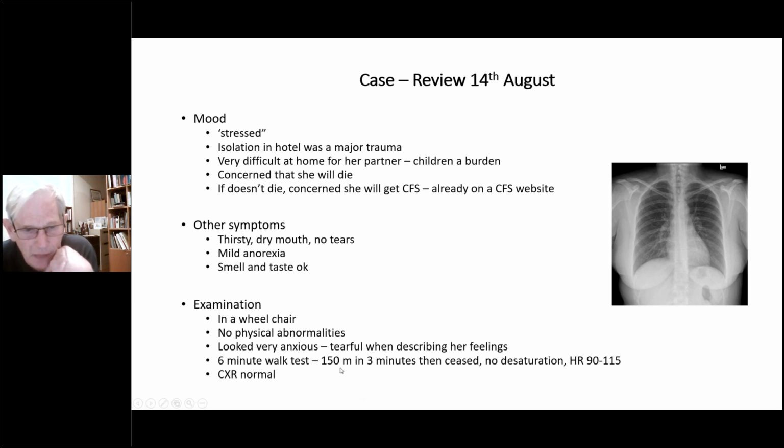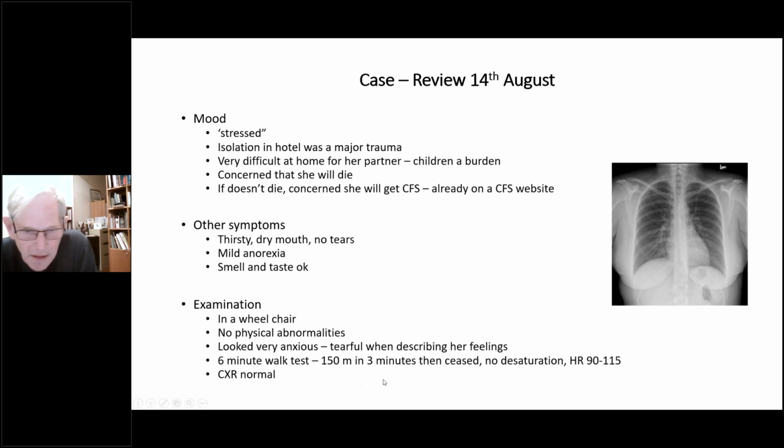She covered 150 metres, and people in the audience will be aware that the average healthy adult will walk about 600 metres in six minutes. So that's, because 6 minutes is a tenth of an hour, that's 6 kilometres an hour. The patient's not allowed to run. So that's between 500 and 600 metres in 6 minutes.